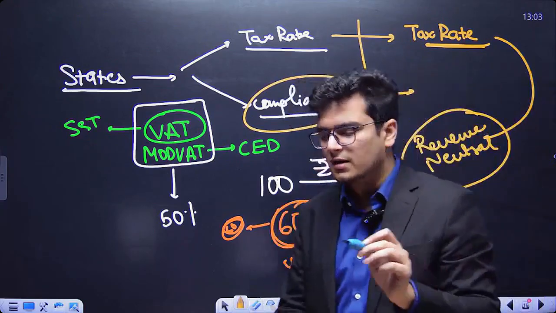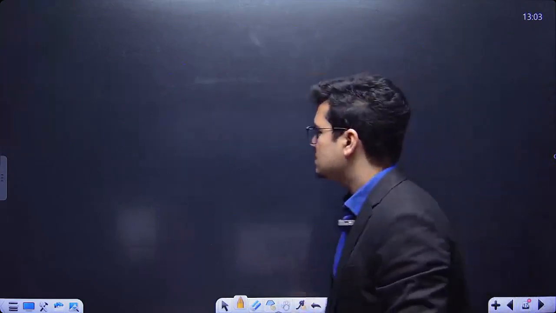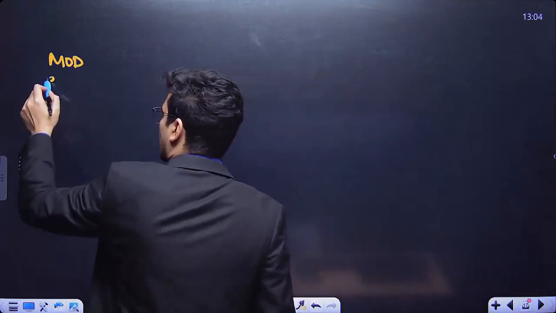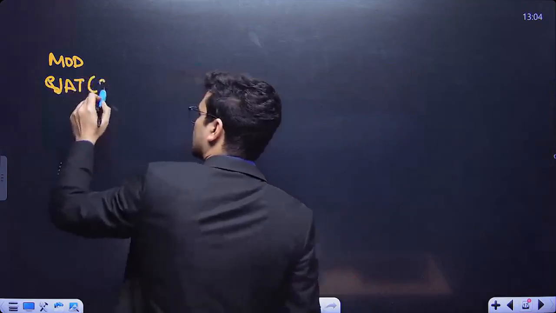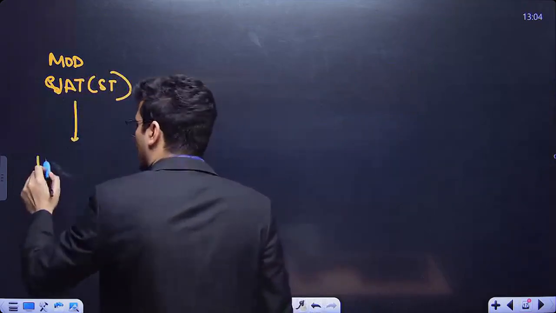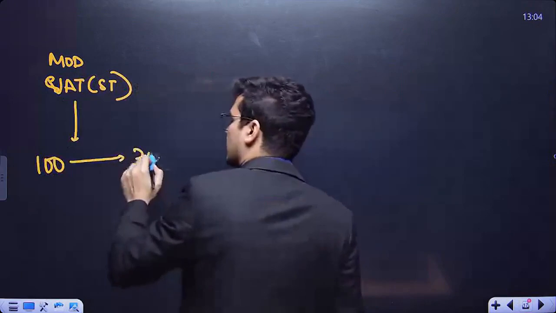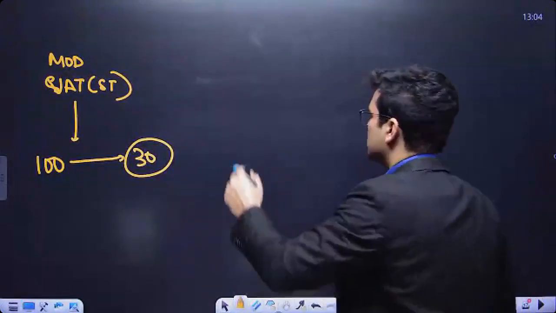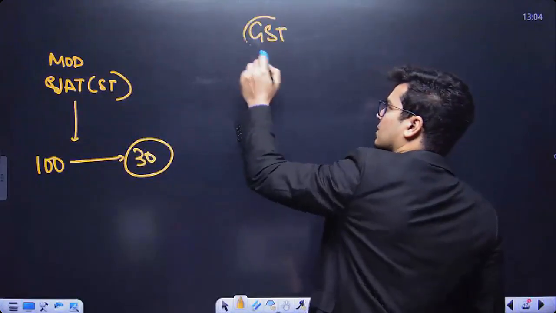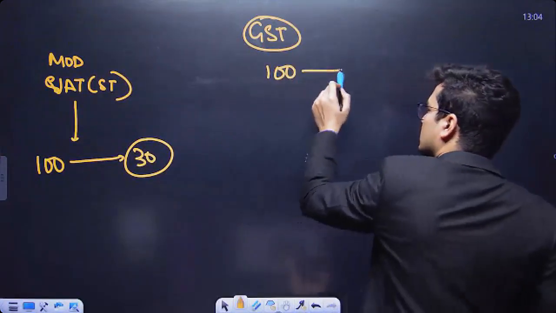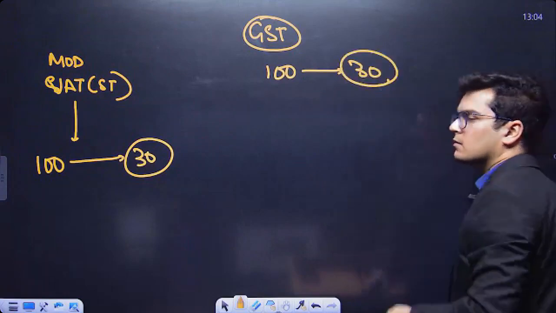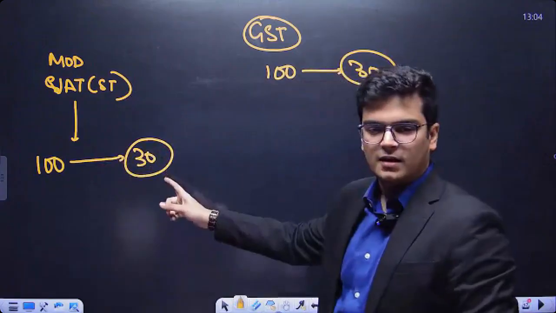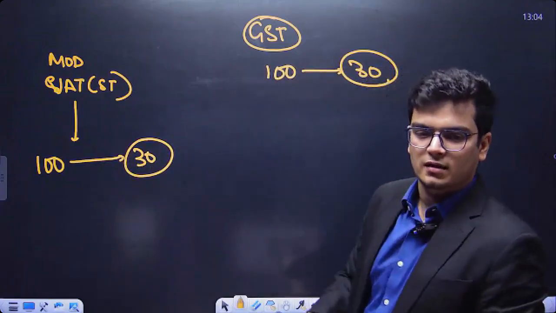Revenue neutral rate means that पहले mod VAT and VAT on sales tax, इससे हम 100 rupees से 30 rupees collect कर पा रहे थे. So even now, in the new GST system, we will make a system that should be able to collect 30 rupees from 100 rupees only, ताकि consumers पर ज्यादा burden ना आए. हम इतना रेट कलेक्ट कर पा रहे थे पहले, अब भी हम इस हिसाब से बनाएंगे.